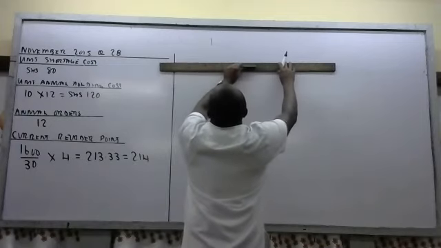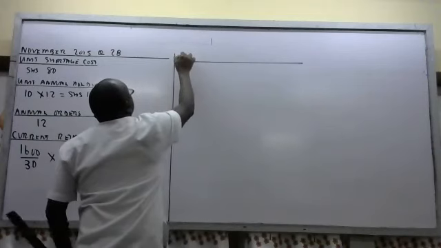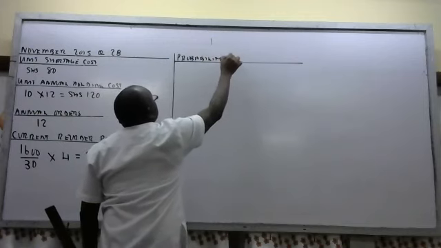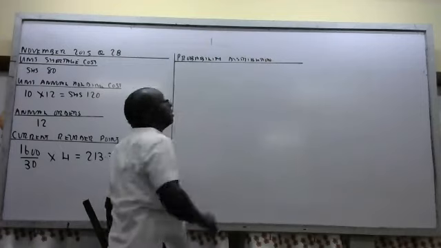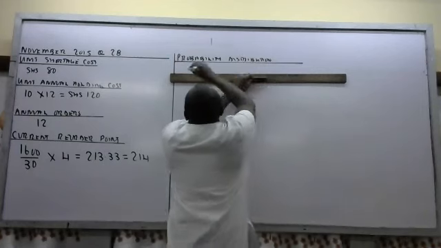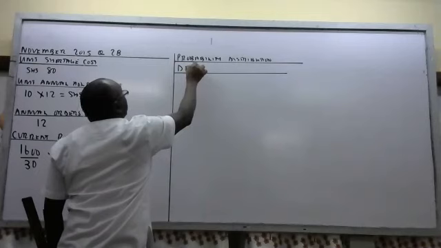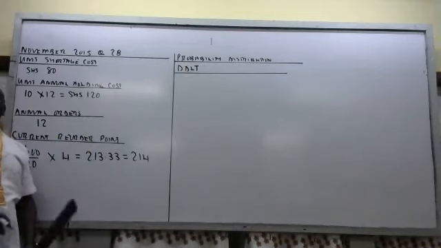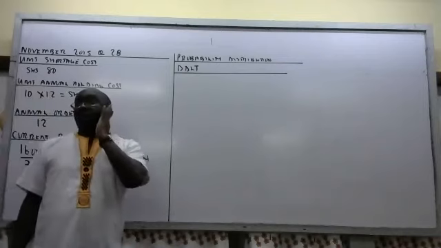So number 5 is probability distribution. Now, in the probability distribution, we will have a table like this, with DDLT.